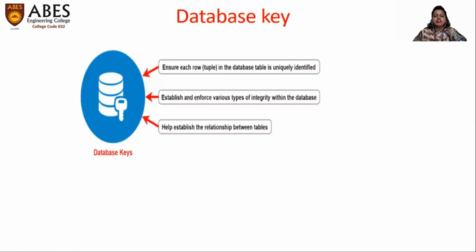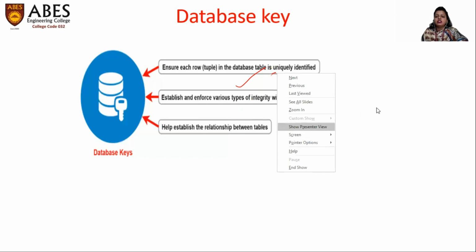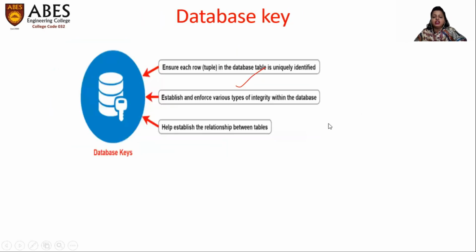Now, we will be talking about database keys. What is a key? First, to ensure that each row or tuple in the database table is uniquely identified. For example, if we have a table with multiple rows, then corresponding to each row, there should be a unique tuple.